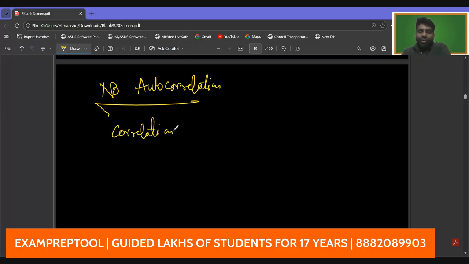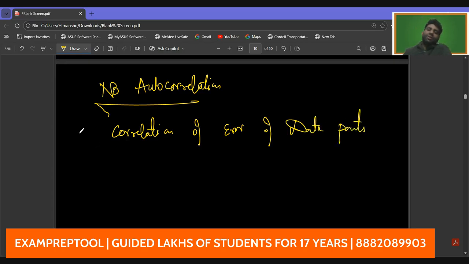That means there should be no correlation of error of data points. The error in the fifth data point should not determine the error in the third data point. The error in the 10th data point should not help you in getting the error in your third, fifth, 12th or 100th data point.